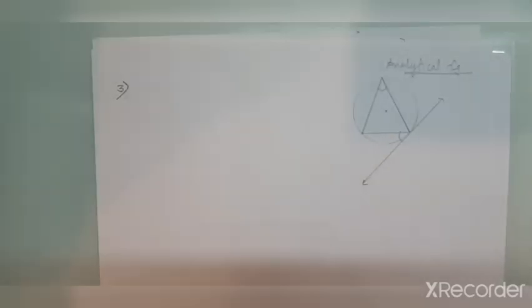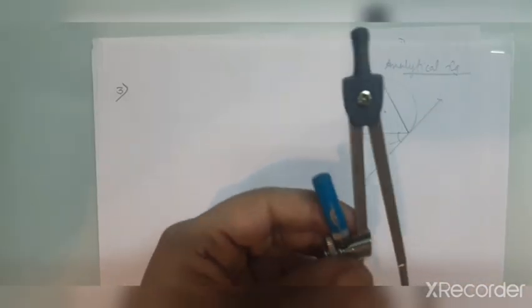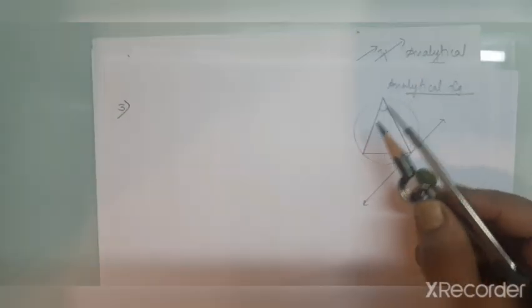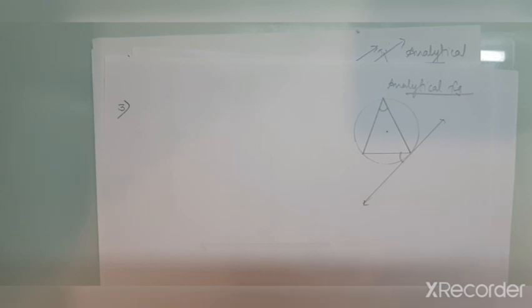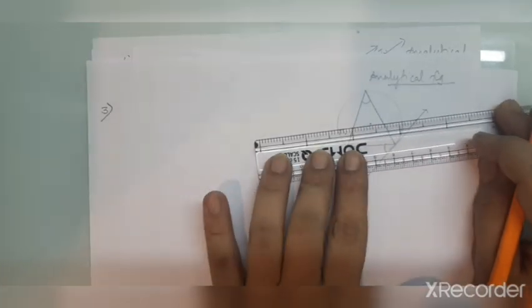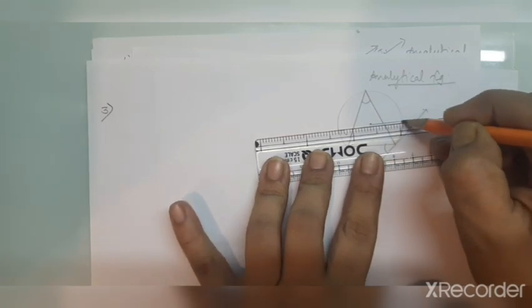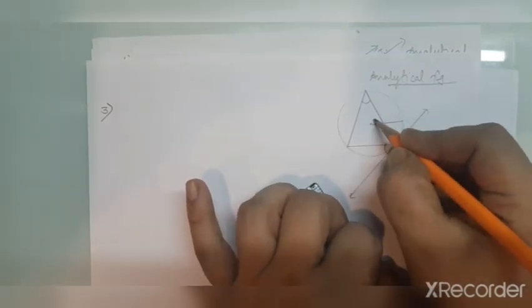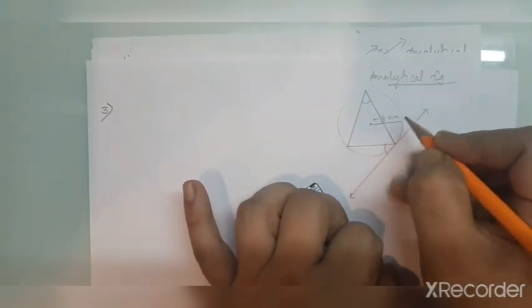First we need to draw a circle. So I take the compass. Now the radius of this circle is 3.6 centimeter. So we can just show it here. 3.6 centimeter is the radius.